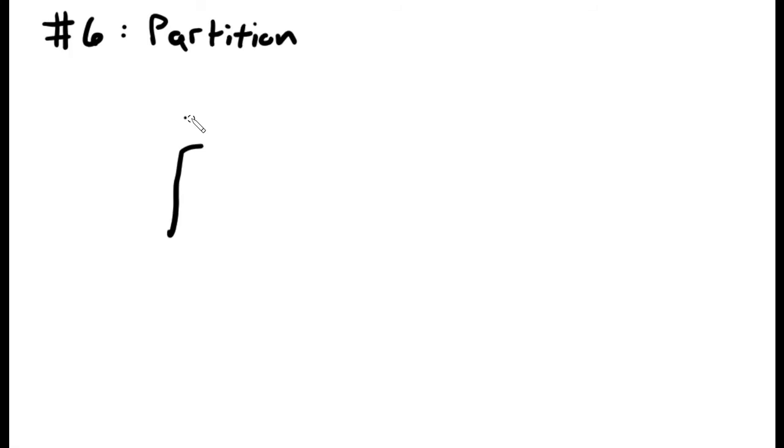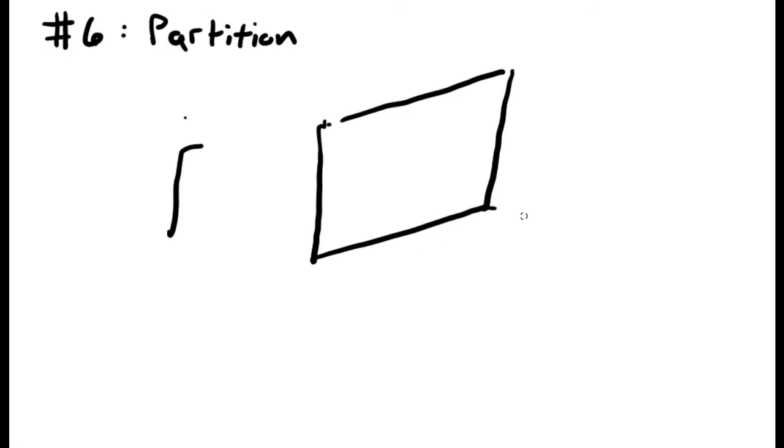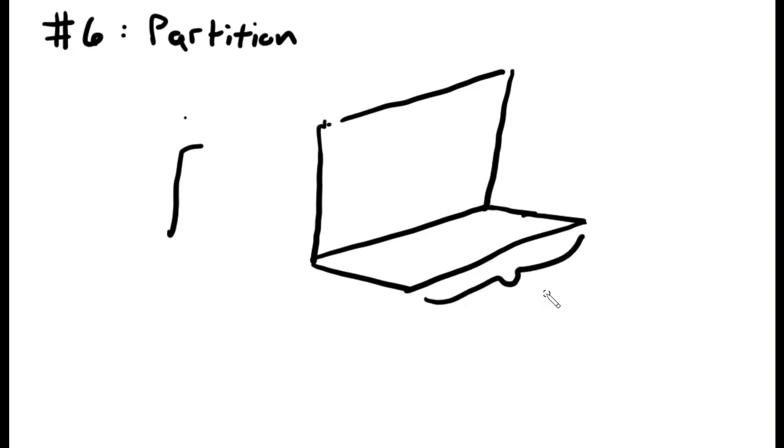Okay, the last rule. Number 6. Partition. Okay, let's say we've got, we'll try over here, kind of this plate, and it's connected to another plate at a 90-degree angle, and we will call this whole thing right here surface 1.